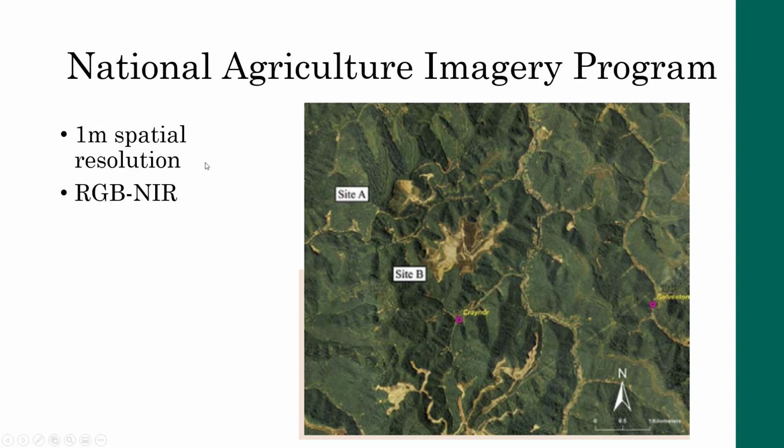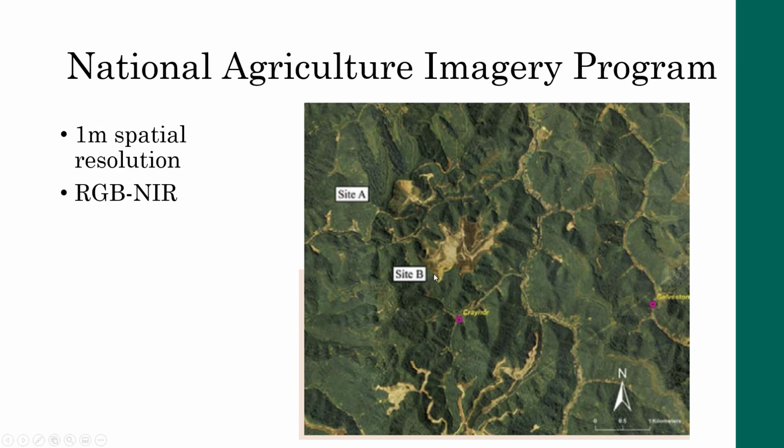It has red, green, blue, and NIR, so this allows you to have true color and false color imagery, and you can examine how the landscape changes in a very clear and visual way.